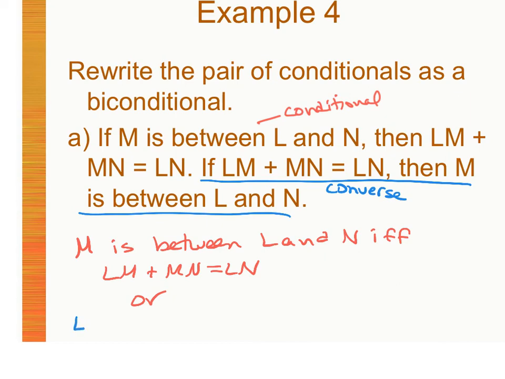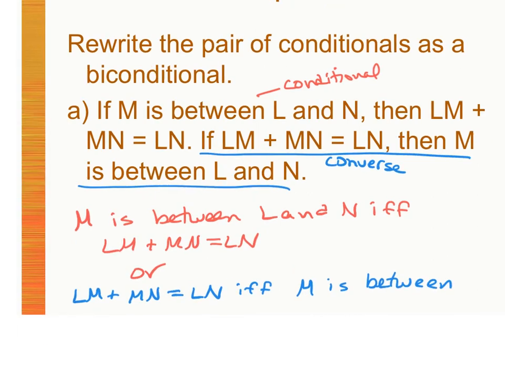I could say that LM plus MN equals LN if and only if M is between L and N. So that's how I can take those, because they are both true, and write them as a biconditional.